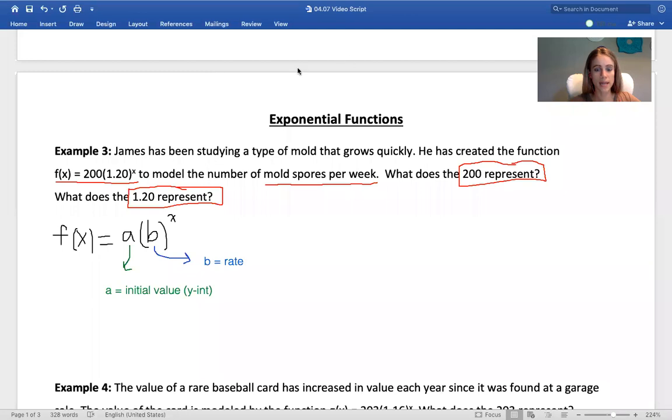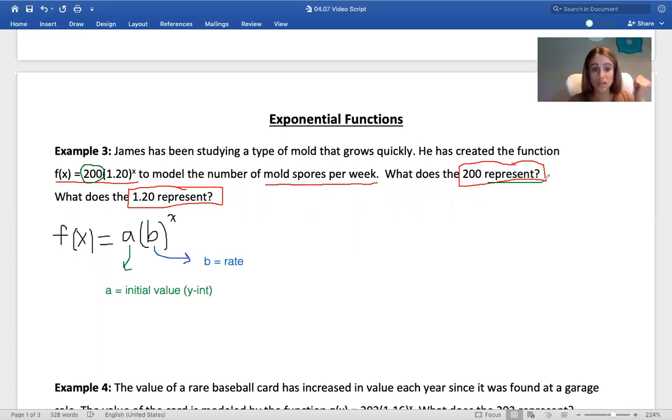All right, so 200 therefore must be my a value, because that lines up with my example here. So 200 is my a, so I know it's the initial value, but if it's asking me what it represents, I need more than that. I need to know what it means for the story. So mathematically, it's the y-intercept. But what it represents for the story, well, it says he's studying a type of mold.